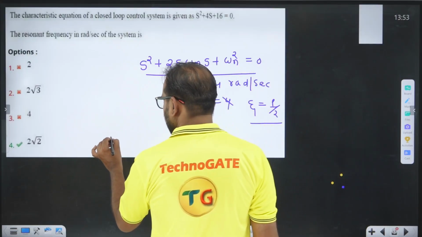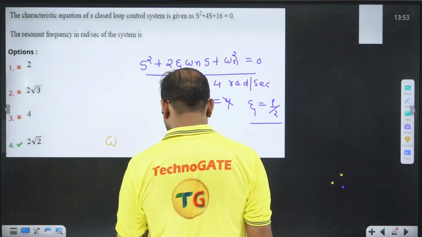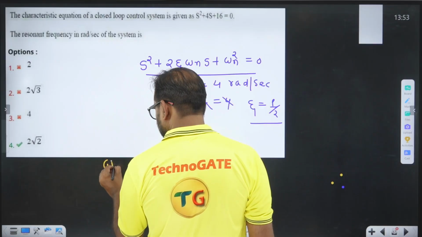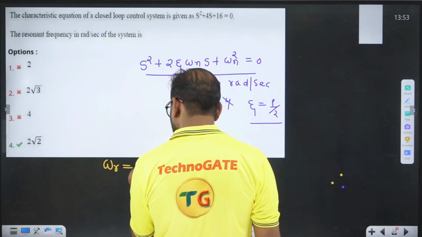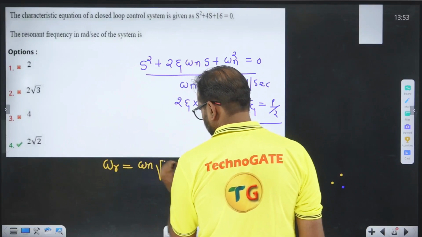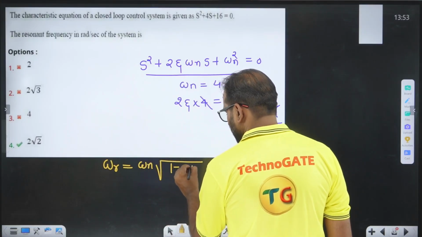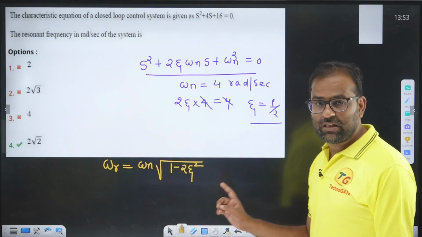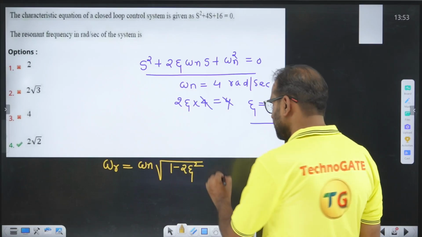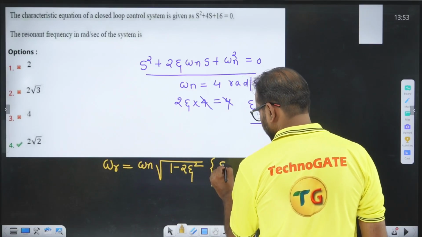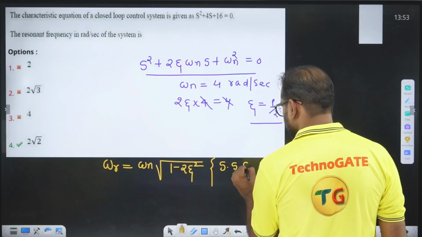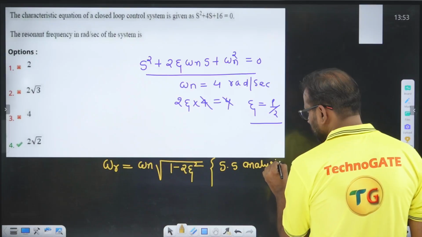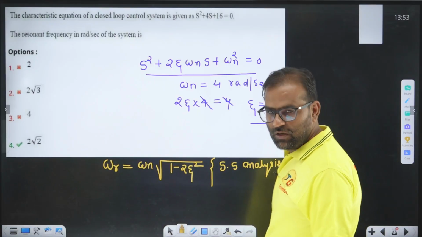So you can say the resonant frequency omega r is omega n root of 1 minus 2 zeta square. Always remember, this is the resonance frequency. This is the steady state analysis of the control system, or you can say this is the analysis when your input is a sinusoidal input.